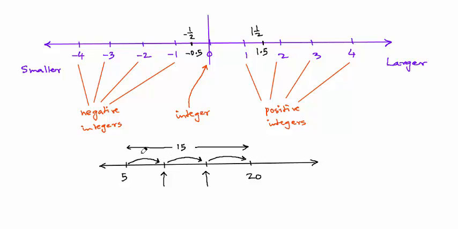That's 5. So each jump is a 5. Therefore the number out here is 5 more than 5, that's 10, and the number out here is 5 more than 10, that's 15. And finally we have 15 plus 5, that's 20. Hope that makes sense.